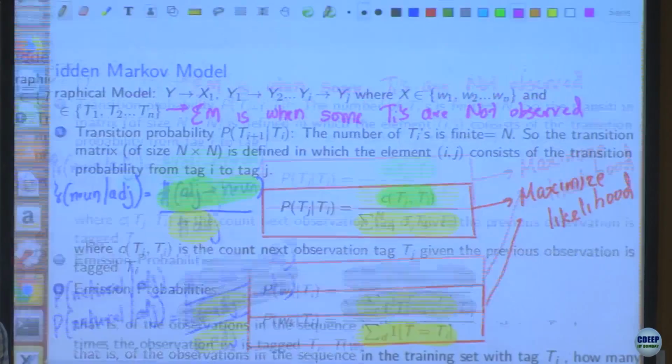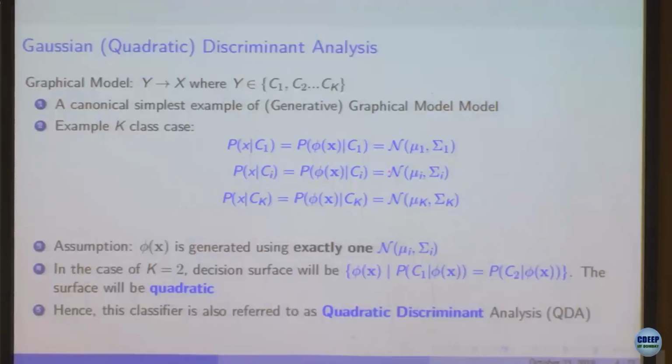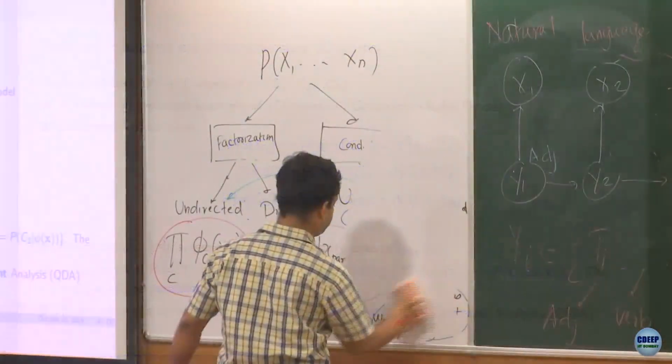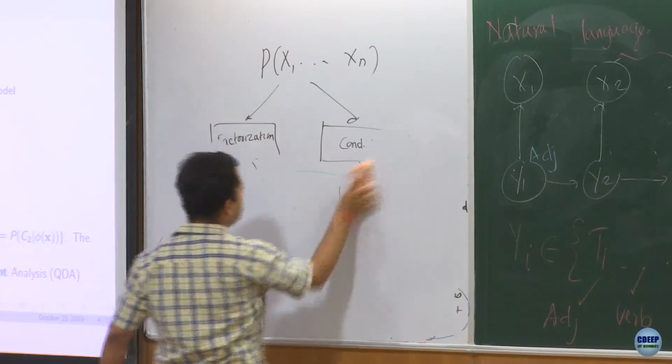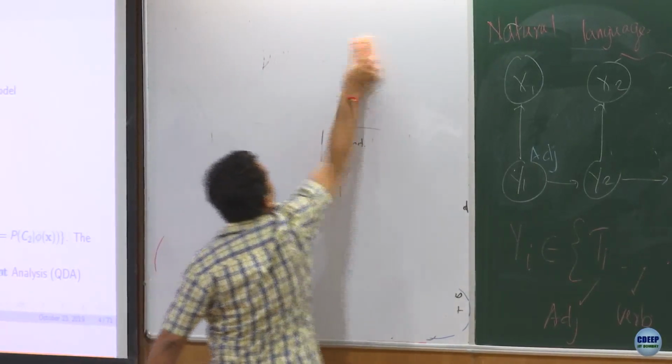I am going to illustrate EM in a much simpler setting, which is Gaussian discriminant analysis. Now this is also a graphical model. This is also a case of a directed graphical model, which can be viewed as an undirected graphical model if you wish.